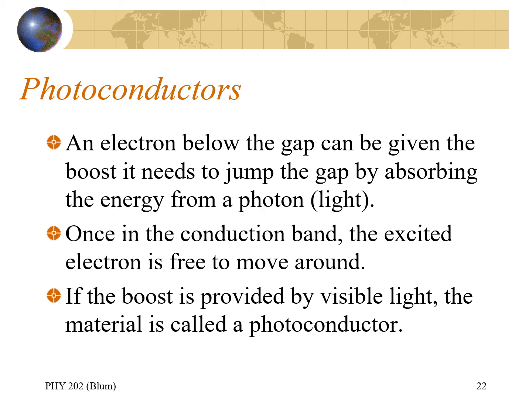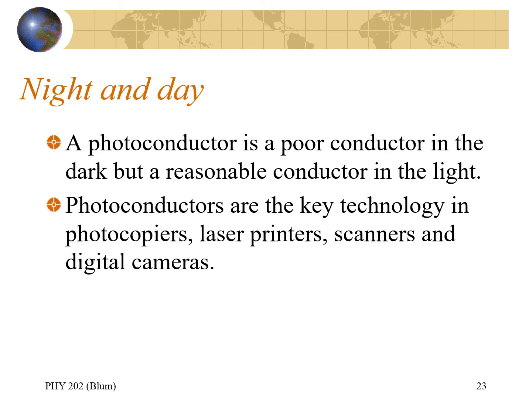And so then you have something that will conduct in the presence of light, and thus it is something that can detect light. And then if it's detecting visible light, then we would call it a photoconductor. It conducts when there is light. In a photoconductor, the presence of light, the photons, help promote the electrons from the valence band up into the conduction band, and so they are poor conductors in the dark and reasonable conductors in the light.